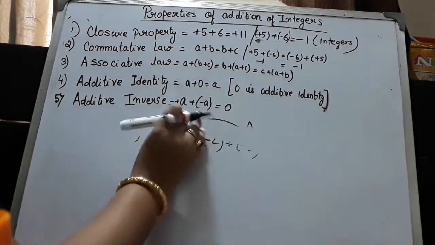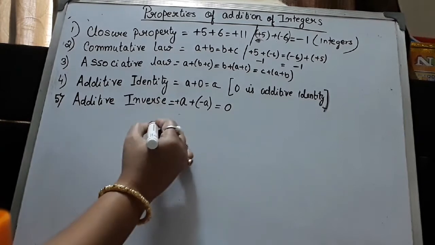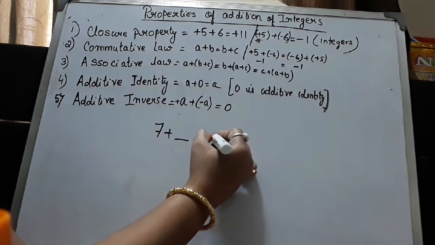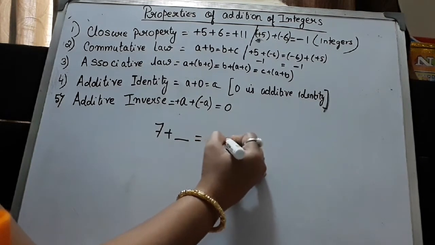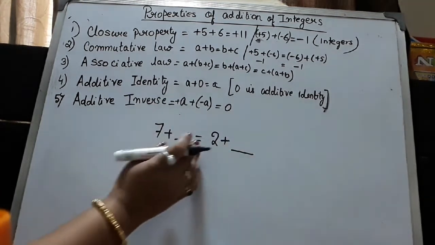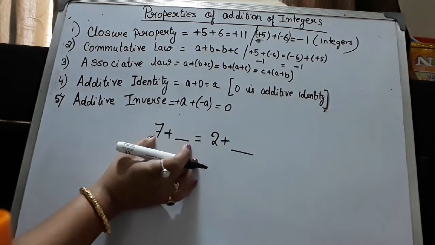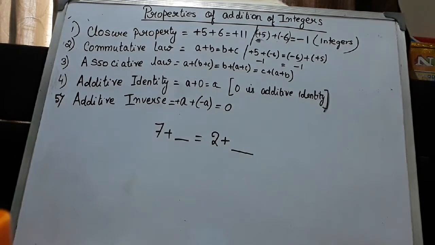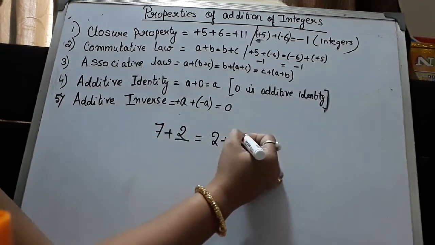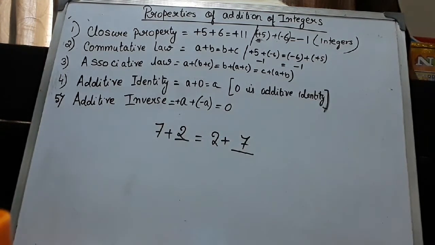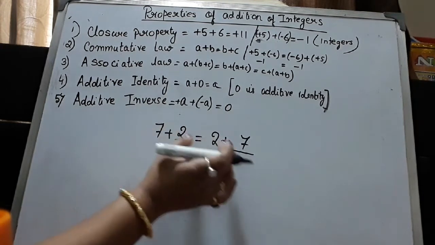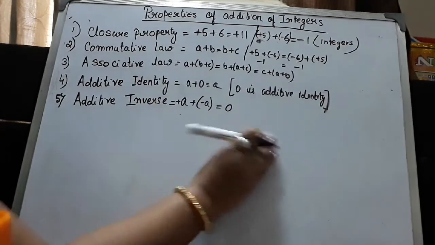Or it can come in this way also: 7 plus dash equals 2 plus dash. If it is equal, this side should be similar. So on this side 2 is missing, and on that side 7 is missing. You can put a negative integer also, but the property is that this side should be equal to this side.